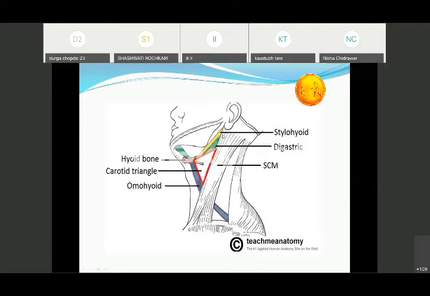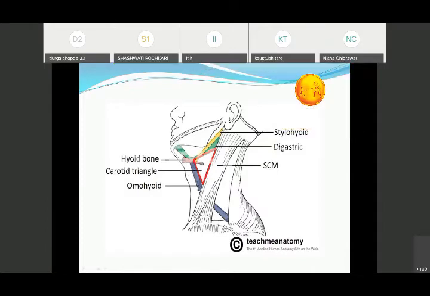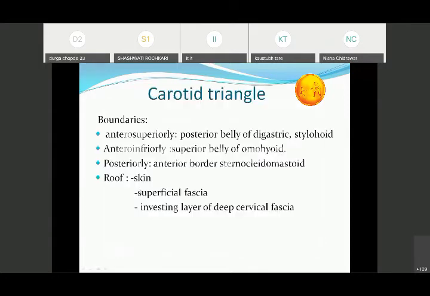So anterosuperiorly, you know the boundaries: the posterior belly of digastric and stylohyoid muscle. Then antero-inferiorly, it is bounded by the superior belly of omohyoid, and posteriorly, it is bounded by the anterior border of the sternocleidomastoid muscle. So these are the boundaries.